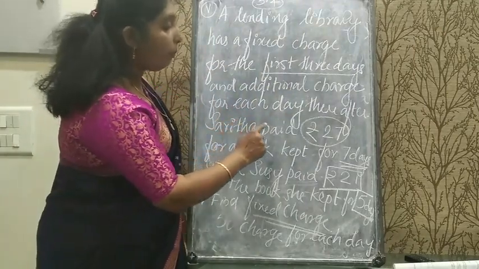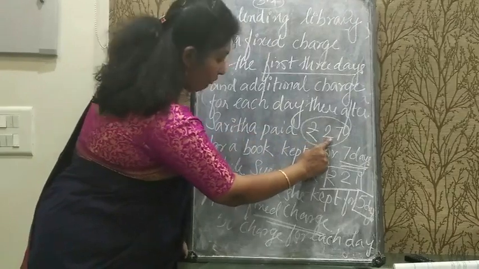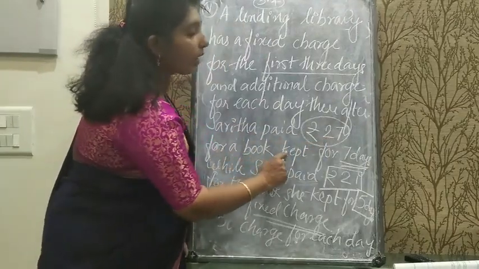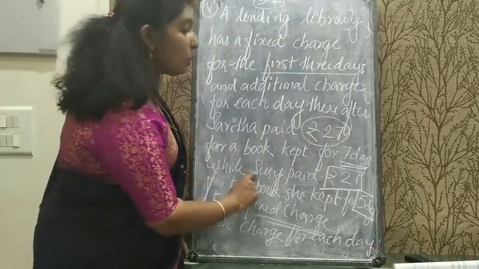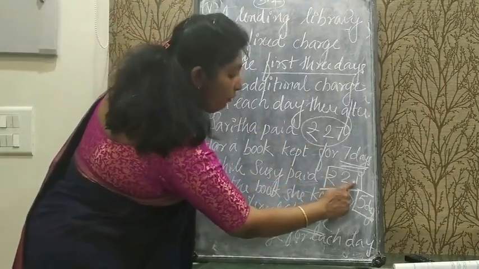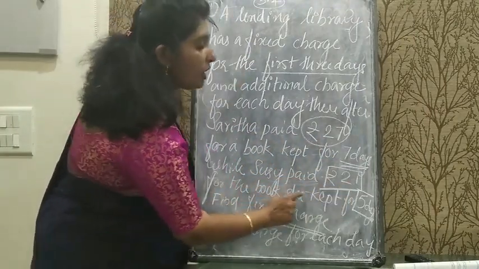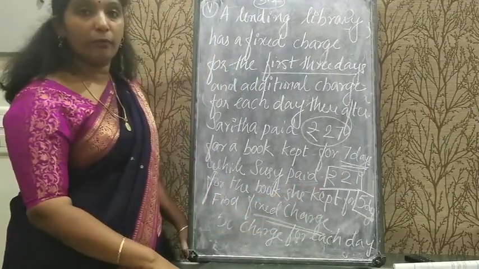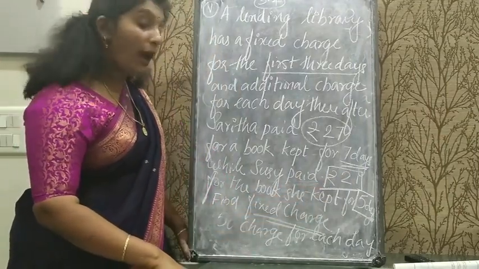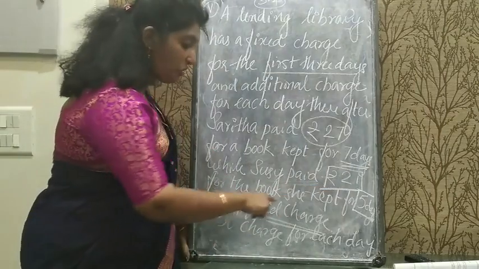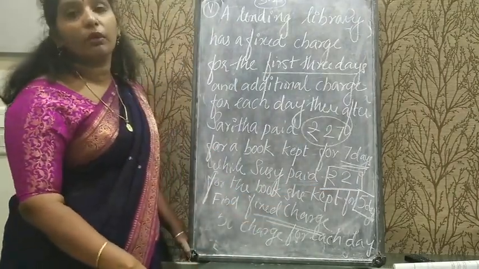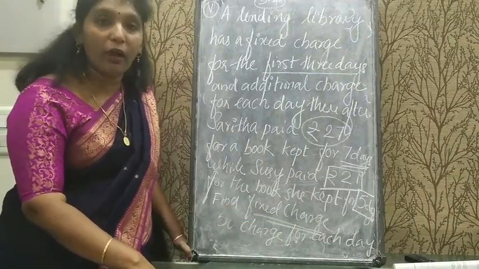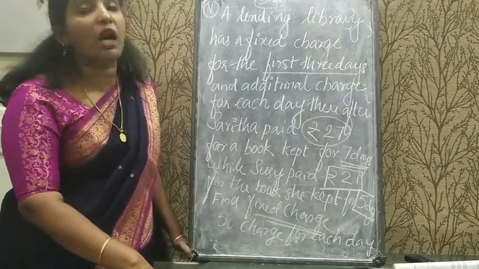Sarita paid rupees 27 for a book kept for 7 days, while Susie paid rupees 21 for the book she kept for 5 days. Here you have to find the fixed charge and the charge per day.